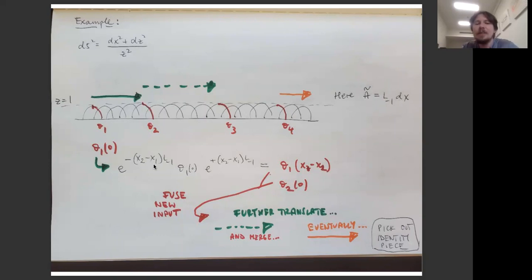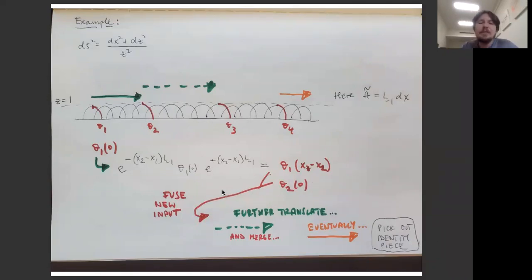So all I'm doing is dressing this O1 with these finite translations. So that gives me O1 of x1 minus x2 by the time I arrive here. And then I'm supposed to fuse it with O2 of 0 when I come to this place. And obviously this is the correct thing to do. These things are really separated by the correct amount, x1 minus x2.